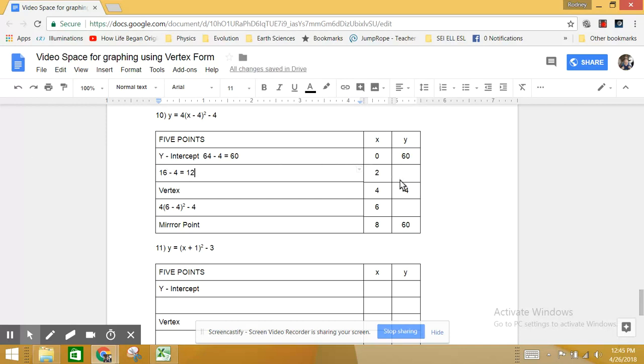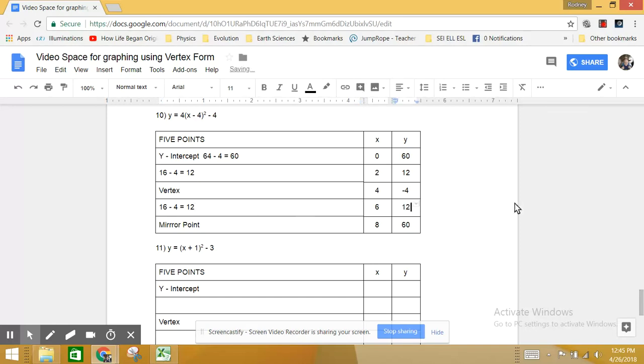So we have a point at (2, 12). I'm going to do the same thing here. You can predict that the y value will be 12, but I will confirm it. 6 minus 4 is 2. 2 squared is 4. And 4 times 4 is 16. 16 minus 4 is 12. And indeed, we have 12.